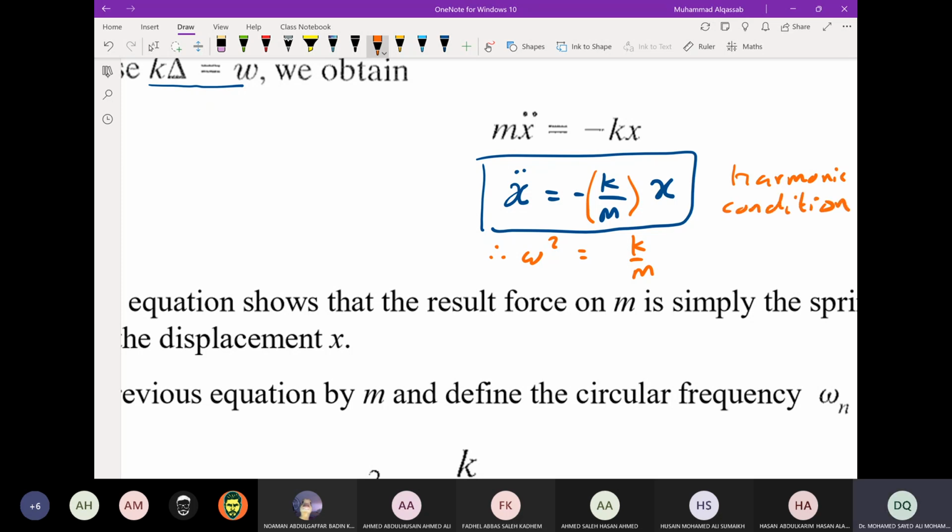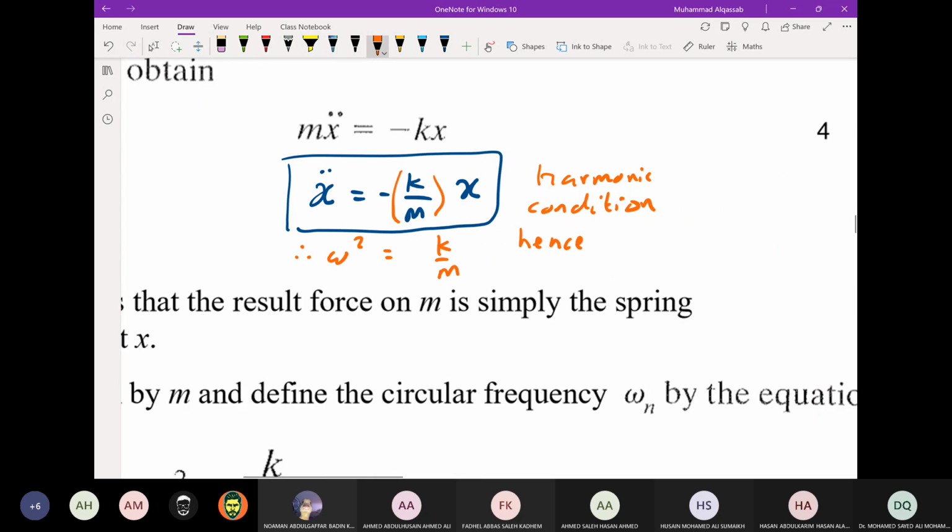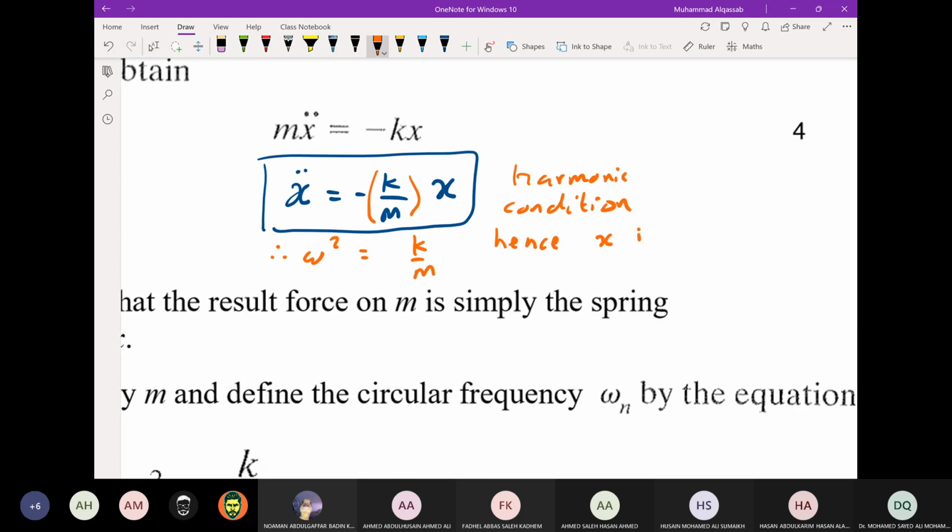Okay, this is the harmonic condition, which means that x is harmonic. The harmonic motion means that x will be given as sine or cosine or addition of sine and cosine of the same frequency.